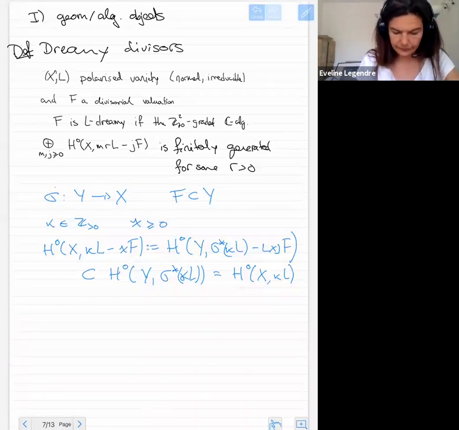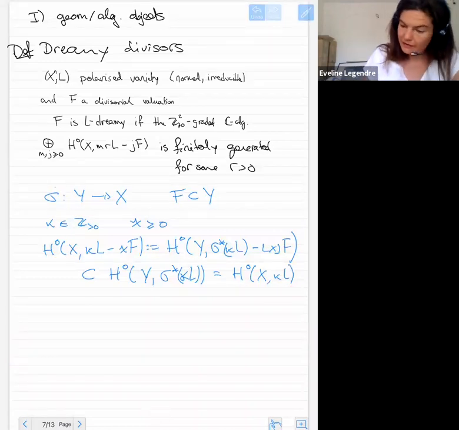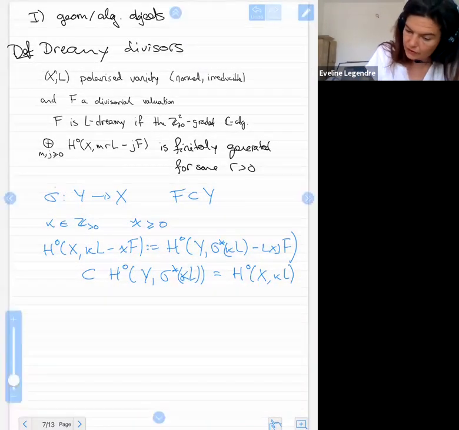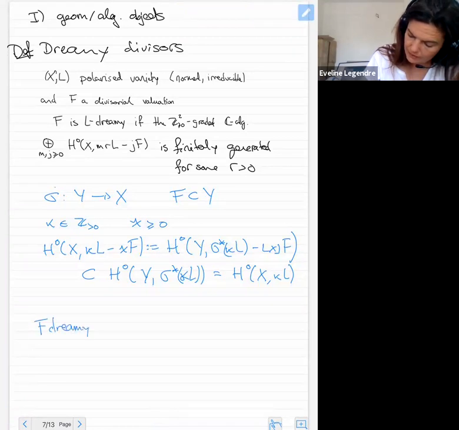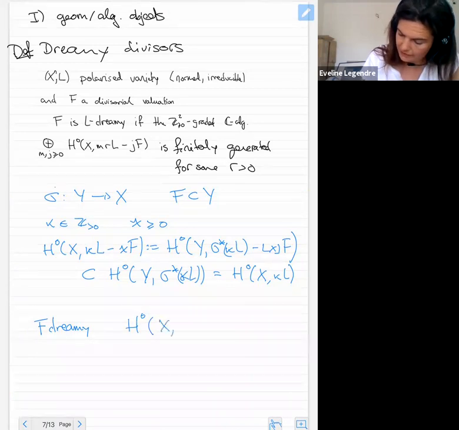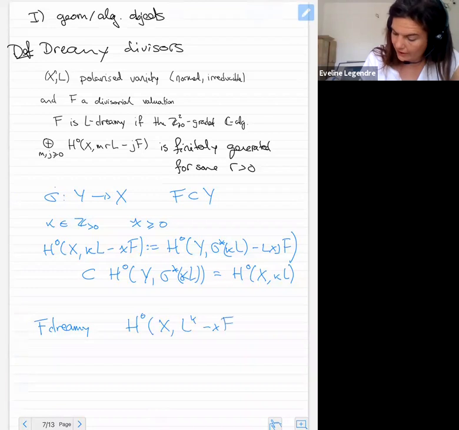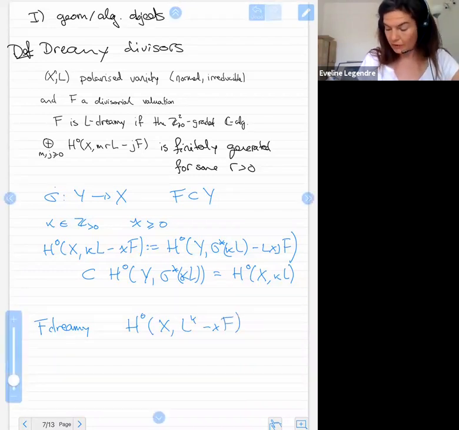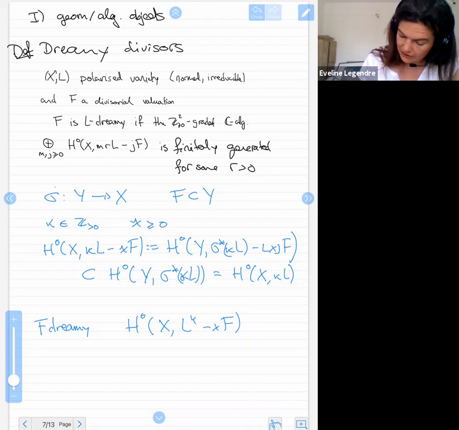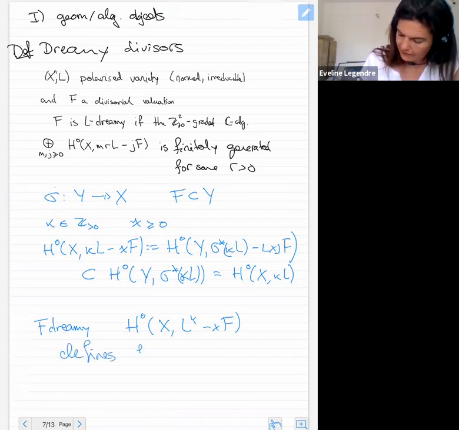And the condition to be dreamy, F dreamy, means actually that the filtration we have, for each k, is a finitely generated filtration.